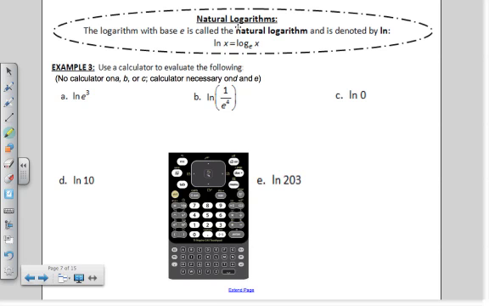All right, so natural logarithms. Remember last chapter we talked about this base e, this number e, that's a special number. Well, if we have a logarithm with a base of e, we call it the natural logarithm, and it's denoted by ln of x, natural log of x, okay? And that equals log base e of x.